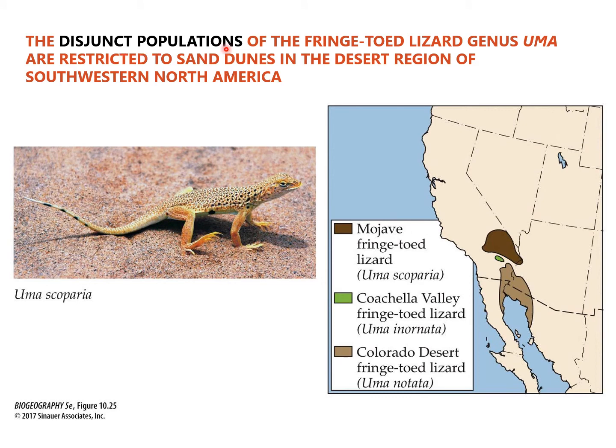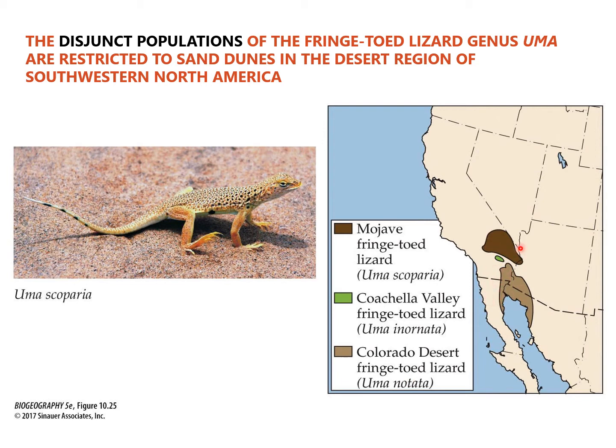Here's a disjunct population of the fringe-toed lizard, the genus Uma, and it's restricted to sand dunes in the desert region of southwestern North America. So here you can see the Mojave fringe-toed lizard up here. The Coachella Valley fringe-toed lizard has a much more isolated geographic range, and then the Colorado desert fringe-toed lizard here.